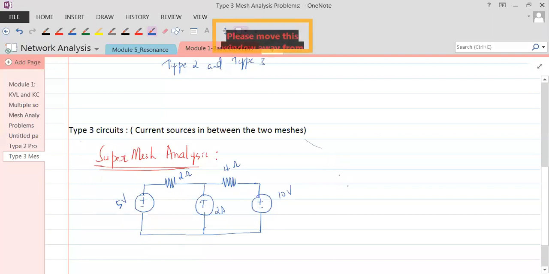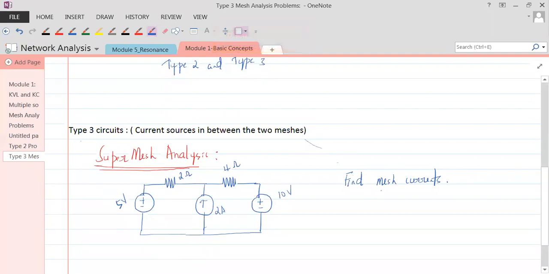What they'll ask is: find mesh currents. When they say find mesh currents, we should understand it is by mesh analysis. There is no other way to find mesh currents.